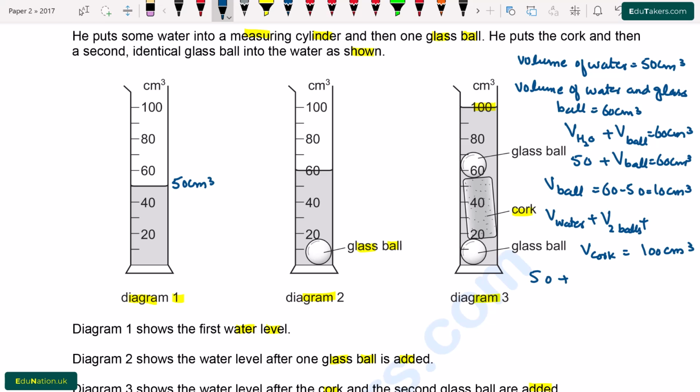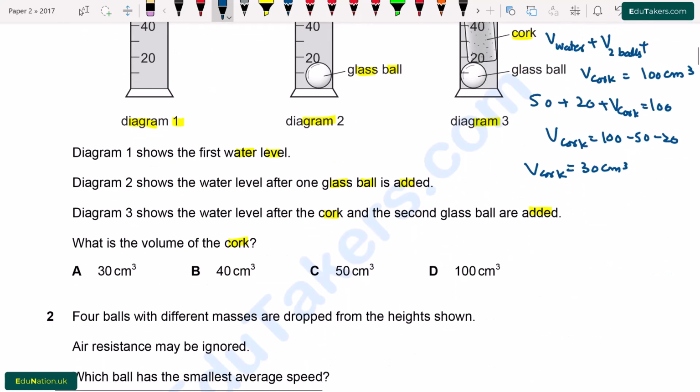So for the two balls it will be 20, plus volume of the cork is equal to 100. So volume of the cork is equal to 100 minus 50 minus 20, which is equal to 30 cubic centimeter. So this is the volume of the cork. Now we see the options. Option A 30 cubic centimeter, B 40 cubic centimeter, C 50 cubic centimeter and D 100 cubic centimeter. From here option A is correct.